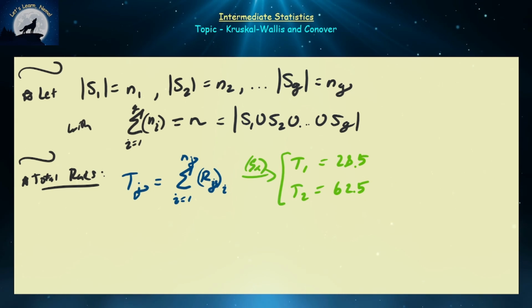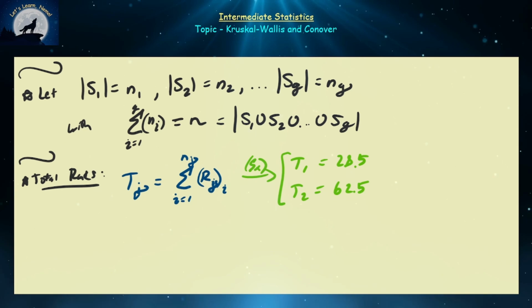And you're thinking, oh, well, we have T2 being significantly larger than T1. So does that imply that S2, the sample 2, is significantly greater than the majority of the values in T1? And you might be right when you say that, but keep in mind, sample 2 has more values than sample 1.